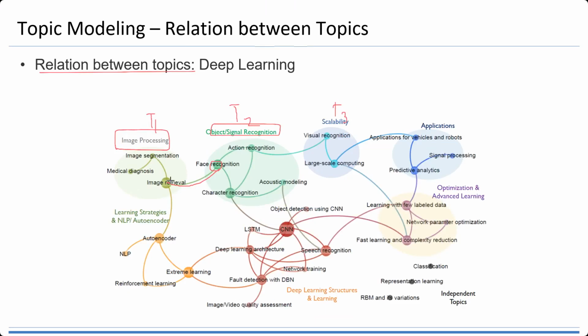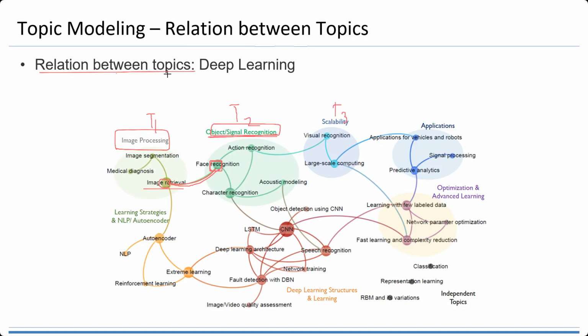If topic 1 shows image retrieval, we want to know whether topic 2 also contains image retrieval or not. Or we want to know if topic 2 contains a word or terminology that has a relation with another word in a different topic. So we can make this kind of relationship.